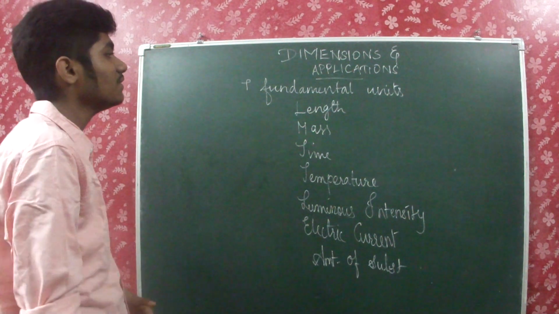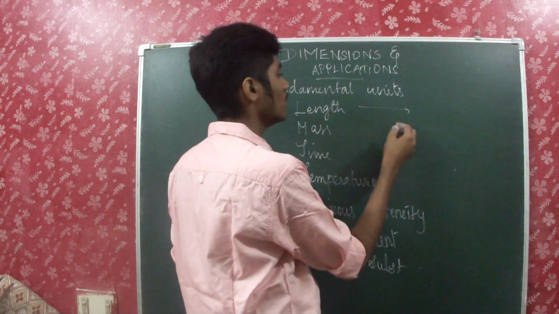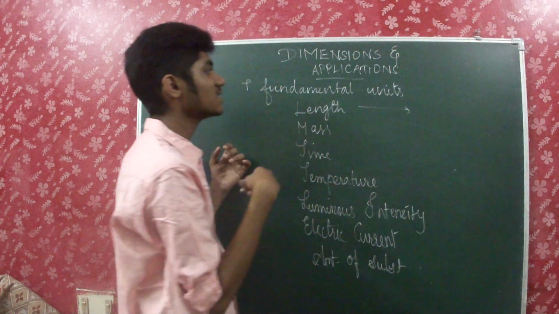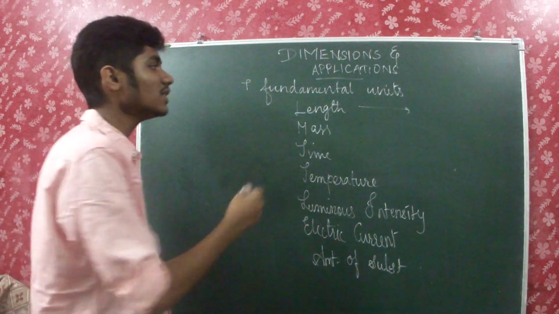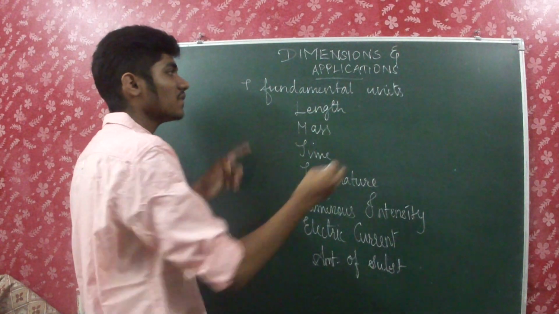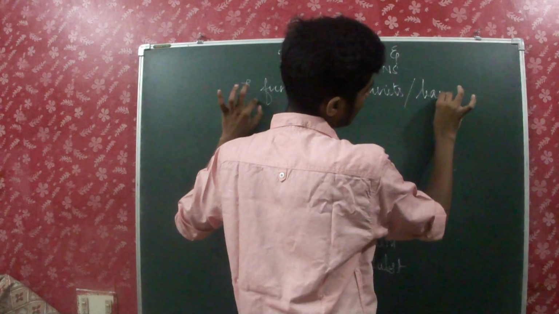So these are the 7 fundamental units, and what their units are we have learned in the previous chapter. These 7 fundamental units are also known as base units.